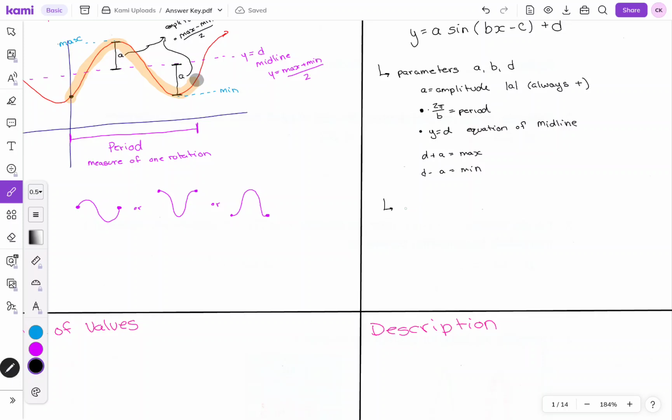And of course, we can always enter the equation into the calculator. Most of the time we need to make sure we're in radians, basically unless you see a degree sign.